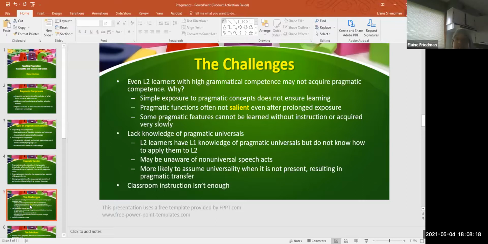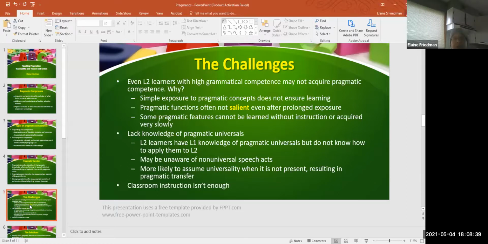You might just not notice it because it's part of the background of whatever you're doing. And some pragmatic features cannot be learned without instruction or are acquired only very slowly.